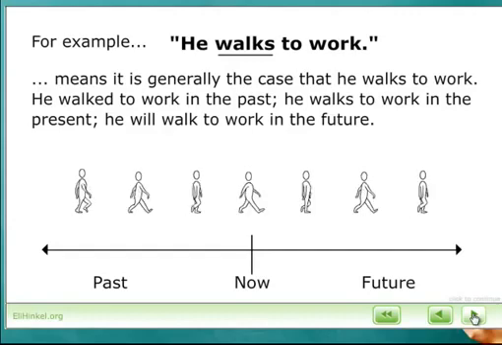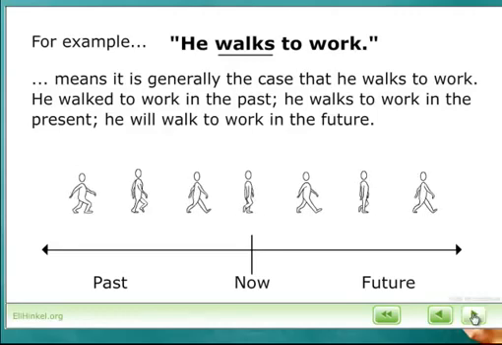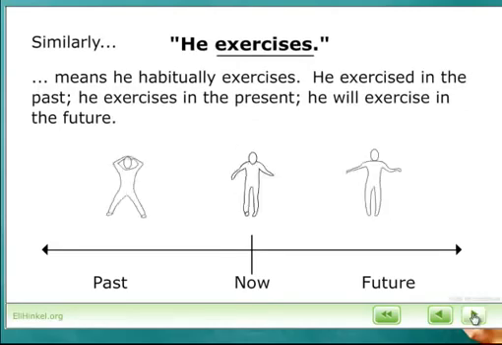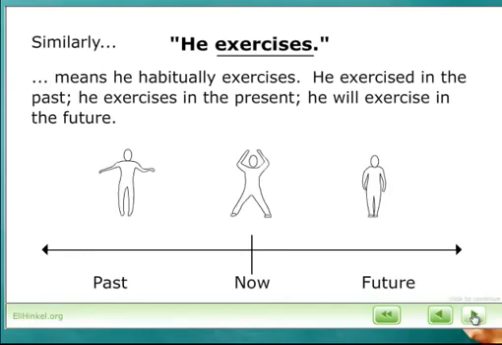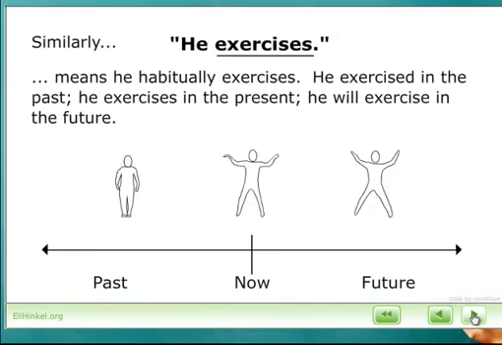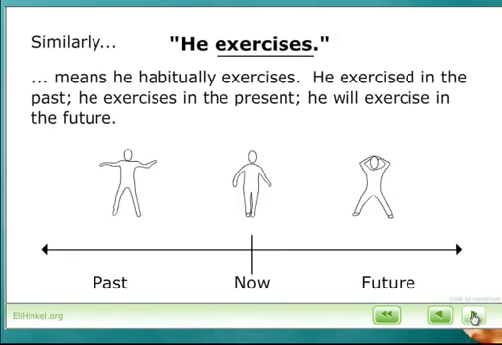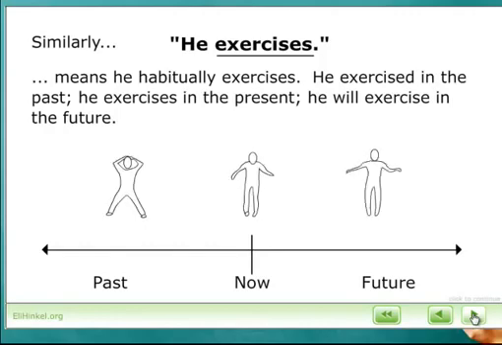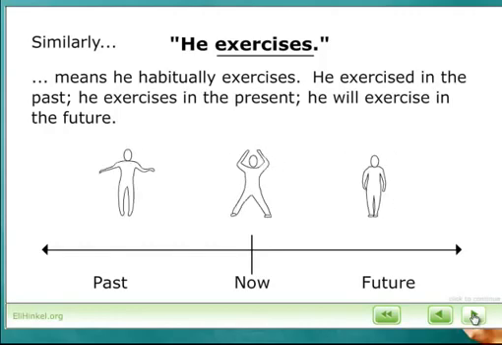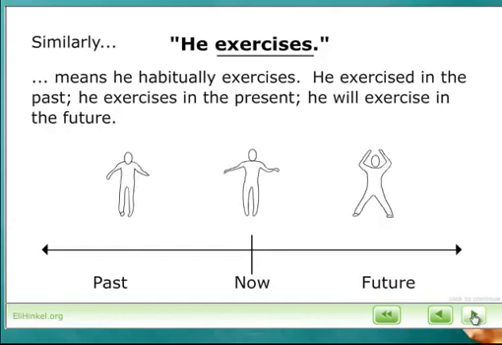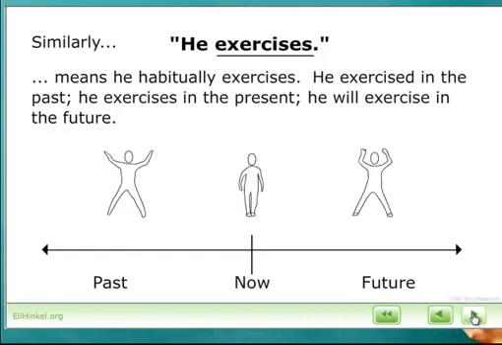He's walked in the past, he's walking in the present, and he'll walk in the future. Same thing with he exercises. That means that he exercises a lot. Wow, he sure looks muscular. Oh, that's because he exercises. He exercises in the past, in the present, and will exercise in the future.